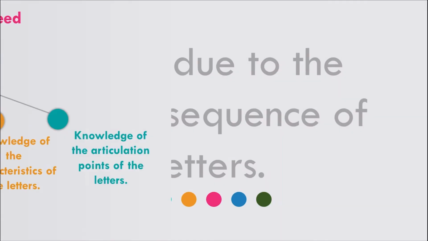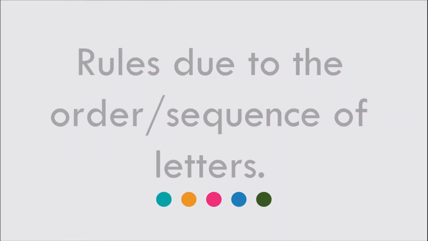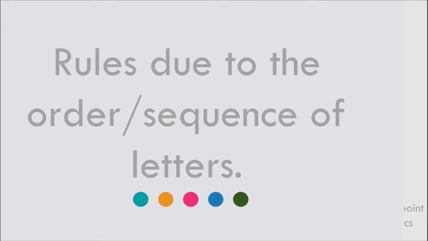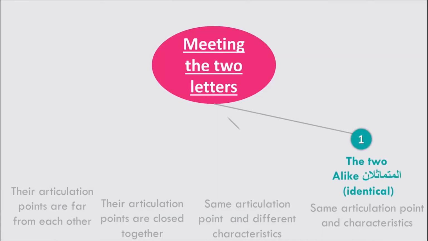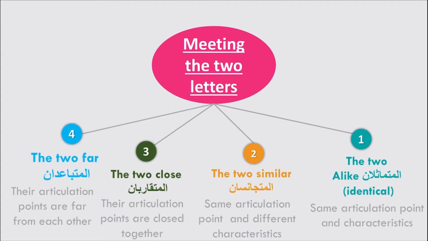Okay. So for the rules due to the order or sequence of the letters, we are going to understand what probabilities may happen when a letter is facing another letter or is coming after another letter. We're going to understand all of these rulings inshallah. So we may have 2 letters coming after each other, maybe 2 identical letters, like mim and mim, ba and ba, ta and ta, ayn and ayn.